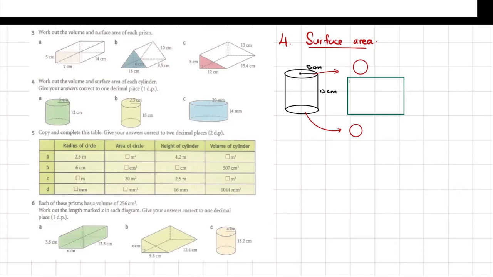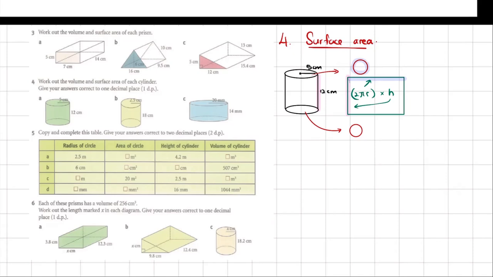The interesting part is that the highlighted region here, which is the circumference of the circle, is actually the length of the rectangle, and the height of this is exactly the same as here. So we can find the area of this rectangle using 2 pi r as the circumference of the circle, multiplied by the height. 2 pi r, circumference, not the area of the circle.